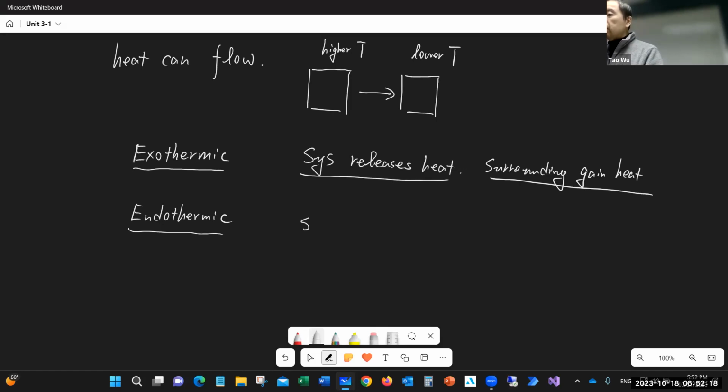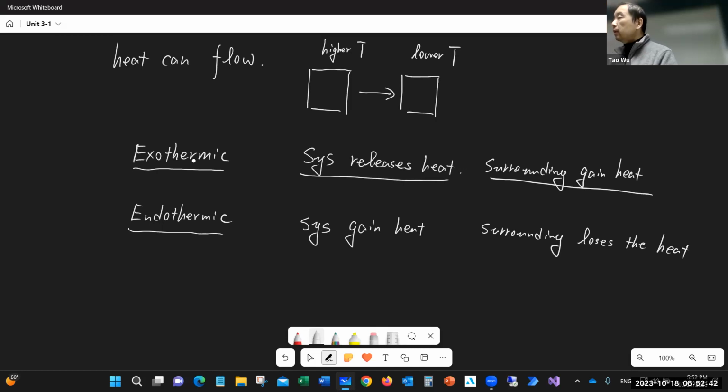Endothermic goes the opposite way, which means the system gains the heat and the surrounding is losing the heat. So it's basically like a flame and then like an ice cube. That really depends on what system you're talking about.